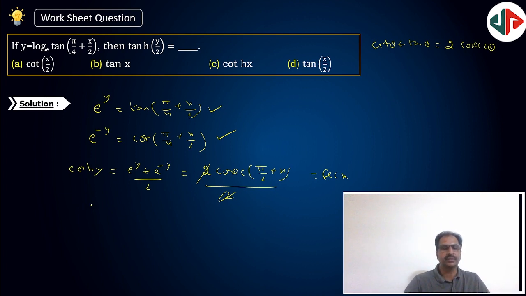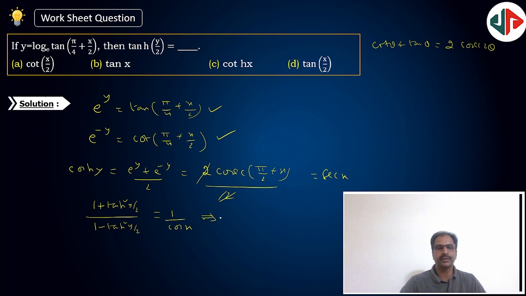Just now we did. Cos hy is nothing but 1 plus tan h square y by 2 by 1 minus tan h square y by 2. Secant x is 1 by cos x. Just now we applied componendo dividendo rule for the previous question.